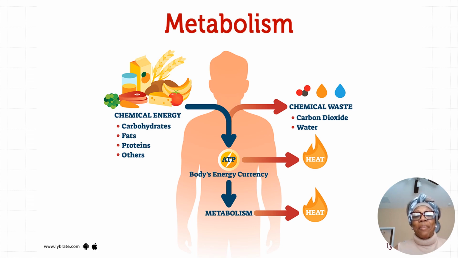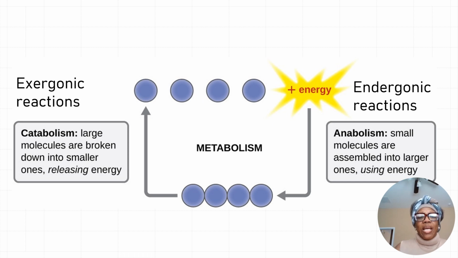And then once we metabolize this food via these various chemical processes and chemical pathways, we will eliminate waste, and generally that waste may be in the form of carbon dioxide or water. We also generate heat in that process of metabolism. So I already stated that catabolism is breaking down these large molecules into smaller ones.